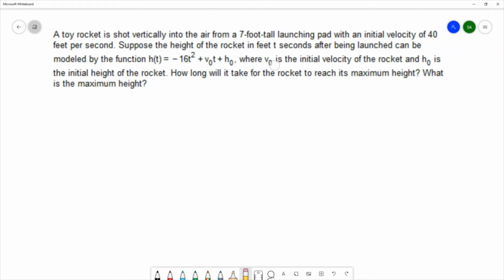How long will it take for the rocket to reach its maximum height, and what is its maximum height?